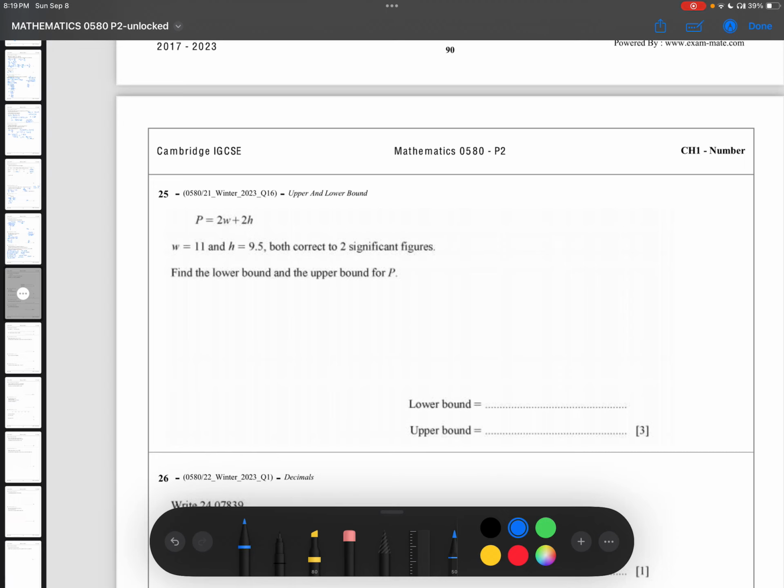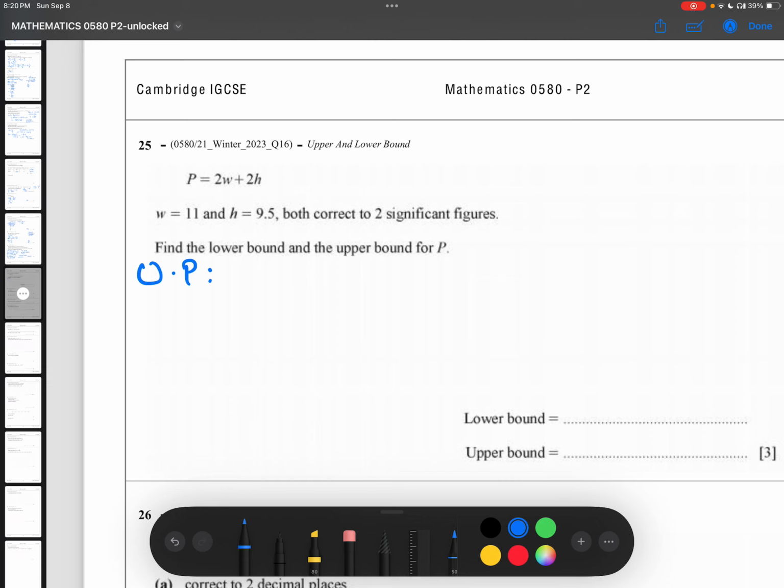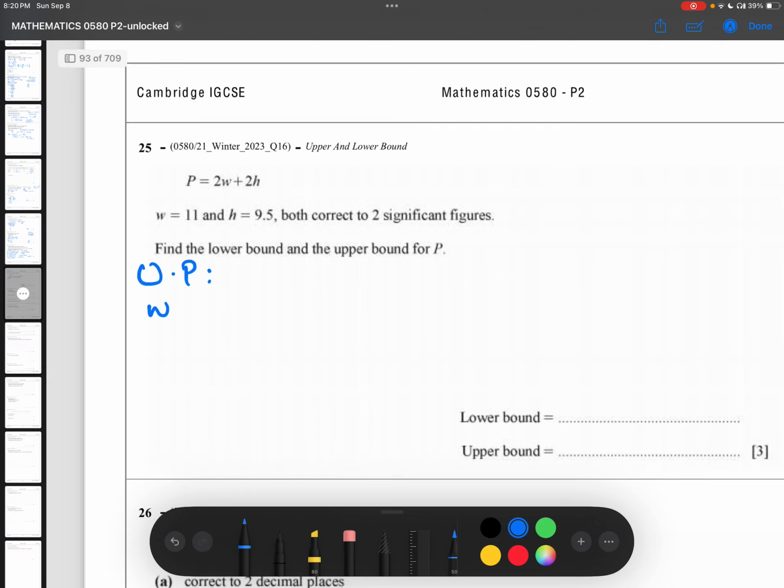In order to get the upper bound, we need the maximum values of both W and H. So the upper bound of W will be 11.5 because 11 has been corrected to two significant figures, and the upper bound for H will be 9.55.